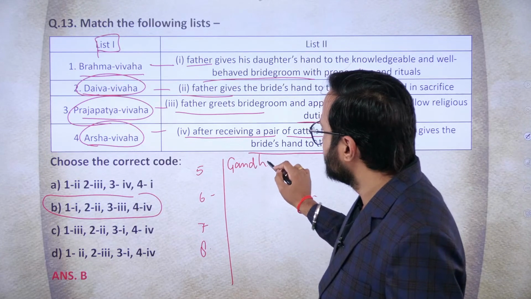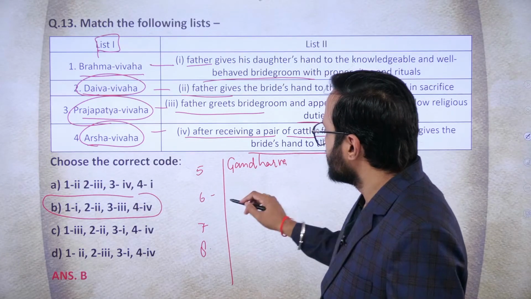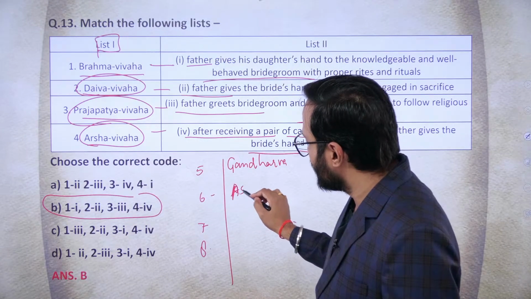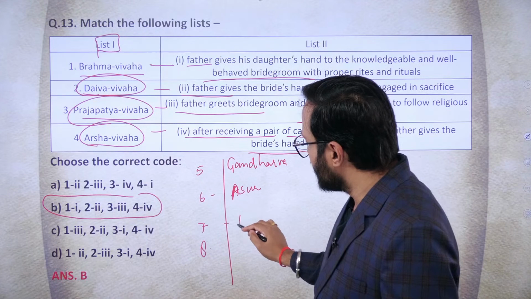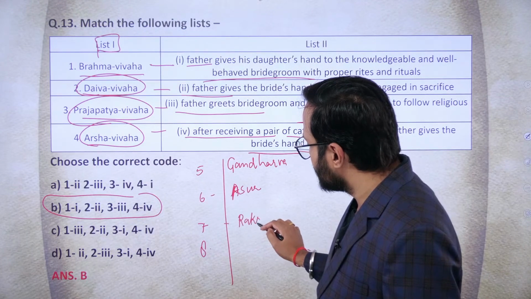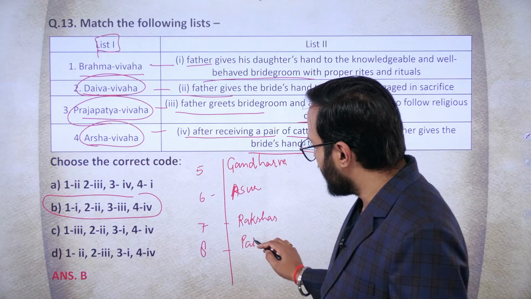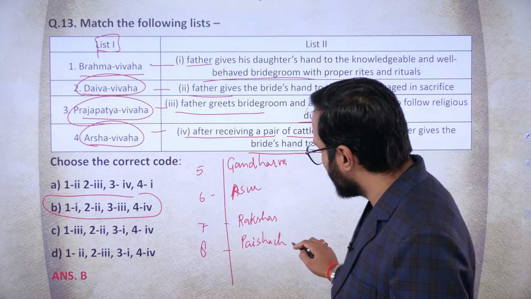Gandharva Vivah, then Asura Vivah, then Rakshas Vivah, and then Paishach Vivah. Okay.